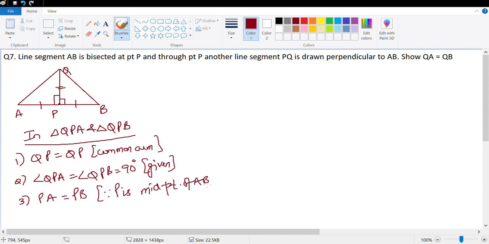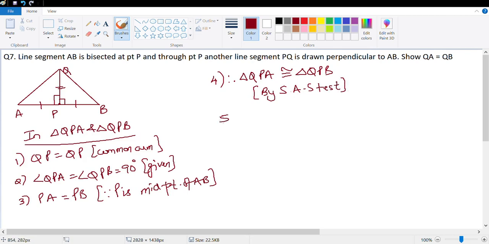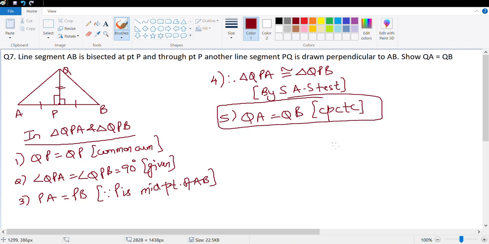So what we get is, therefore, triangle QPA is congruent to triangle QPB by the side angle side test. What this gives us is eventually QA is equal to QB. This is CPCTC. That's exactly what they wanted us to prove. So hence proved.